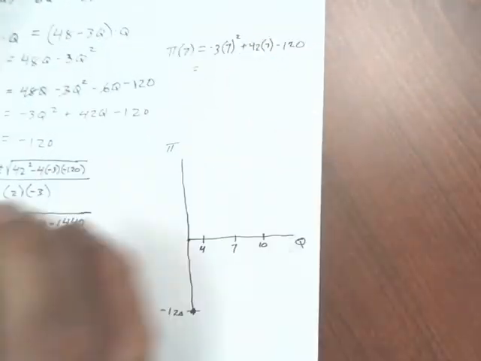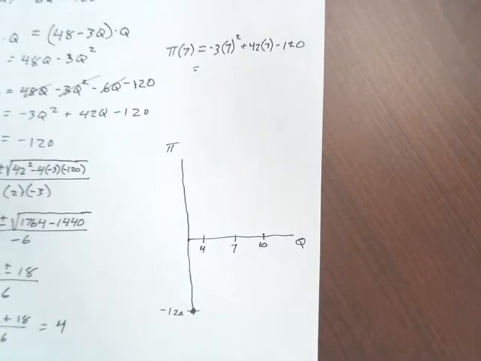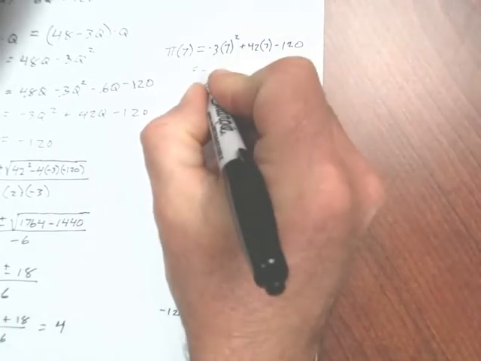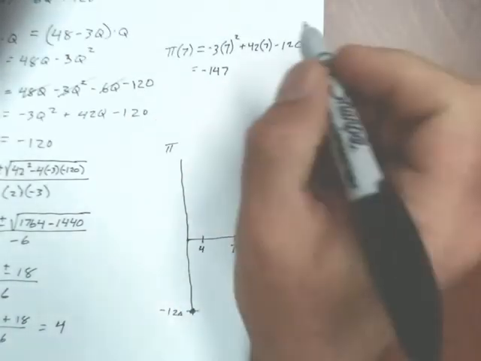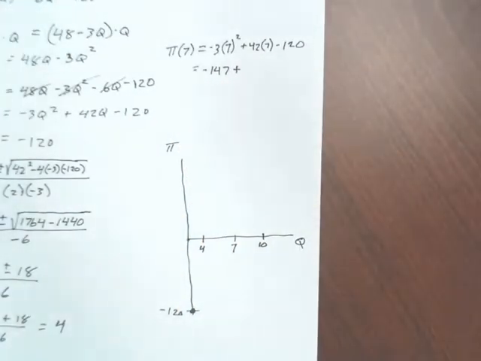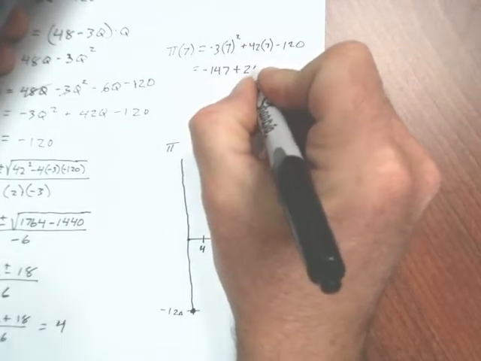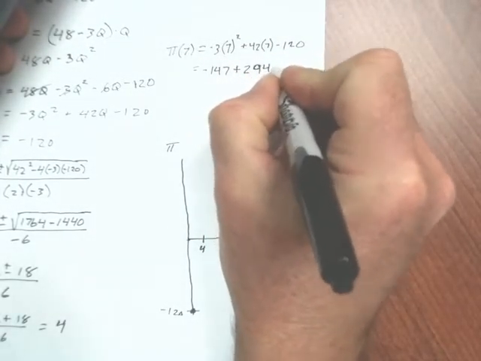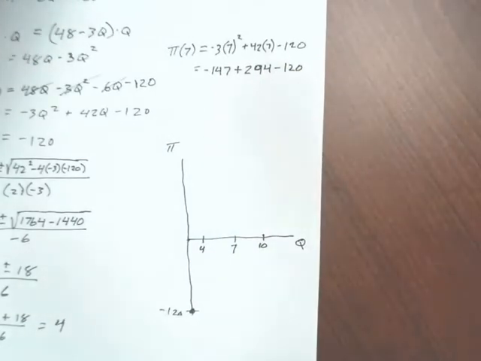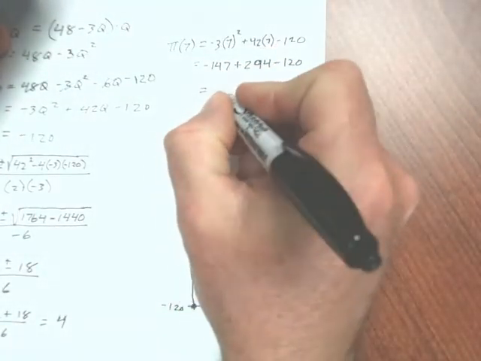So this equals 49 times negative 3, which is negative 147, plus 42 times 7, which is 294, minus 120. So this is negative 147 plus 294 minus 120 equals 27.